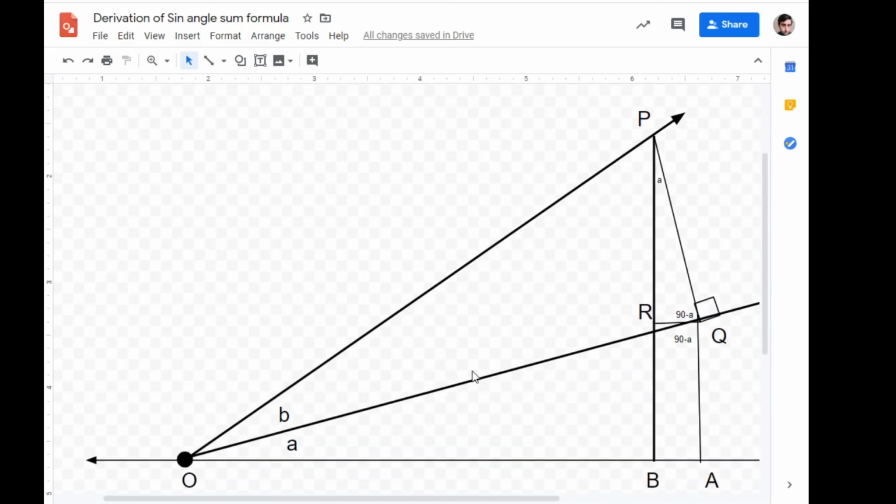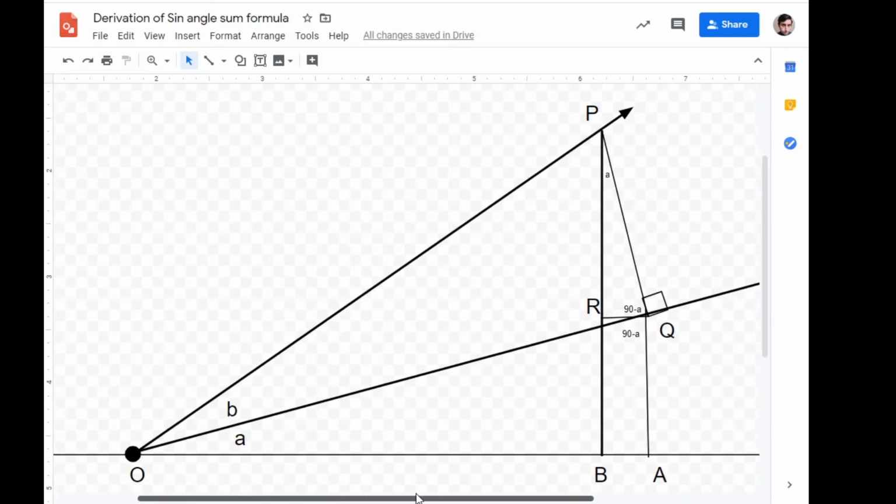So let's look at P. We know O to P is 1. This distance is 1. From P to Q is going to be the sine of this angle, sine of angle B. Right?